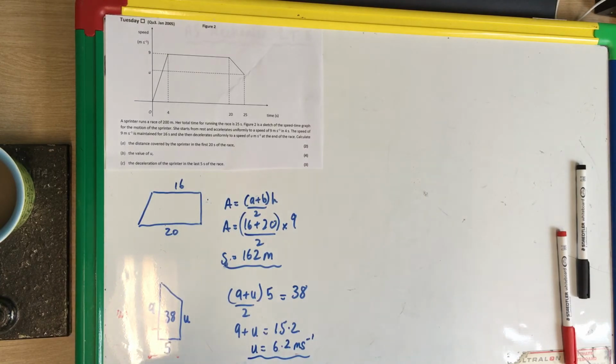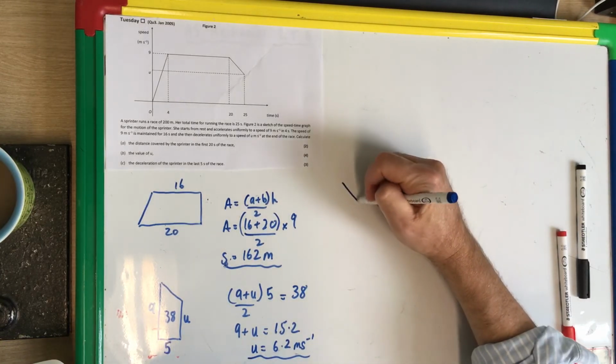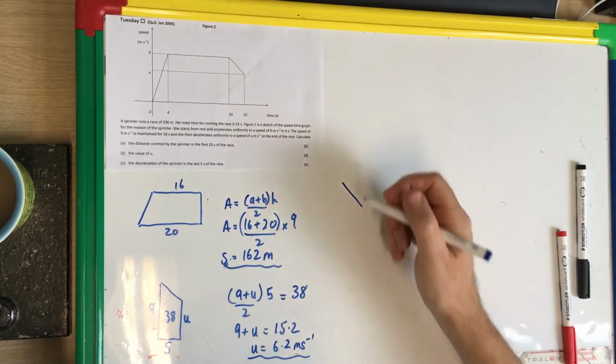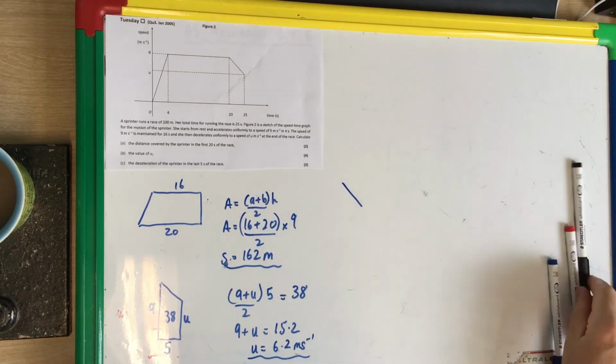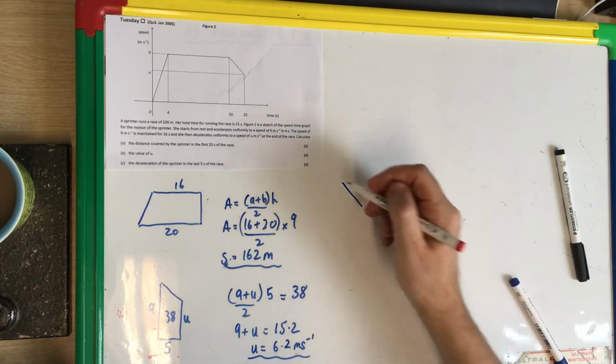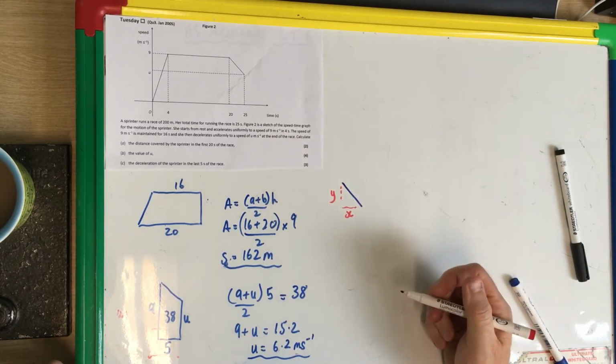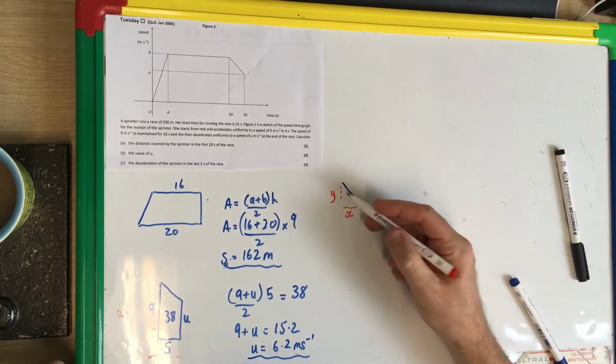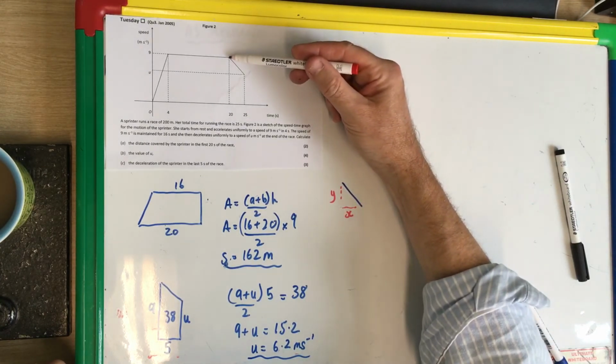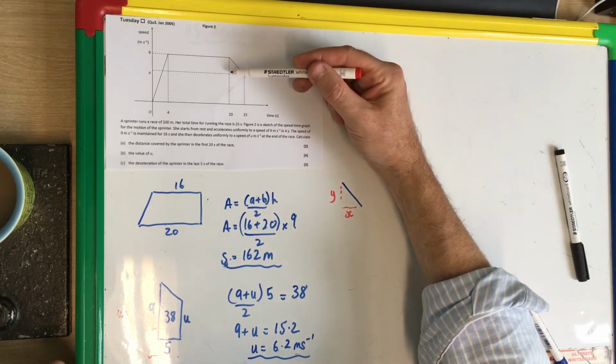Sensible. Okay. And the deceleration in the last bit, again, you saw me do v equals u plus at last week, but it's just the gradient of that line, isn't it? Of this line here, okay? And the gradient of the line is just y over x. We know it's a negative slope because it's decelerating, but the y value is between 9 and 6.2.